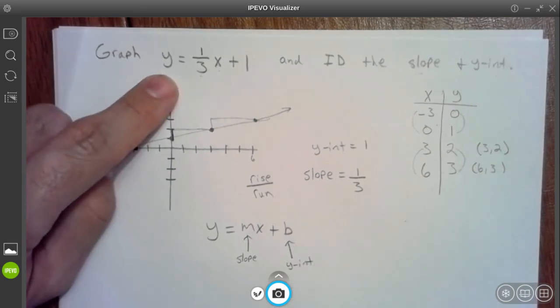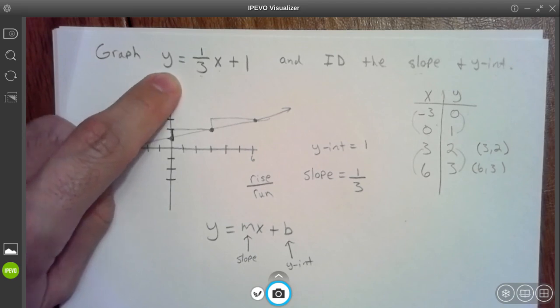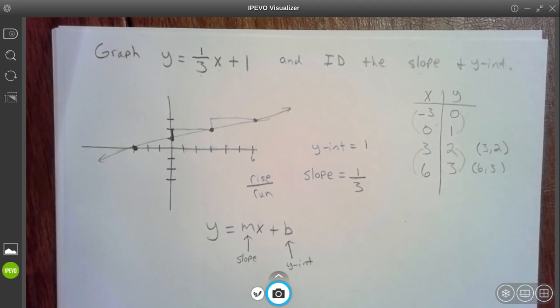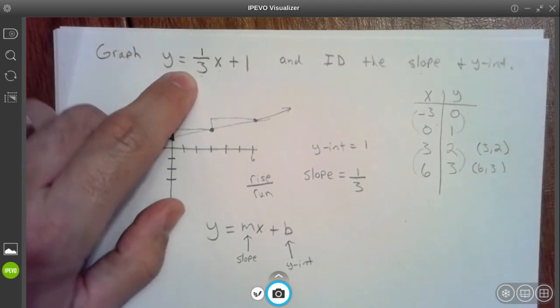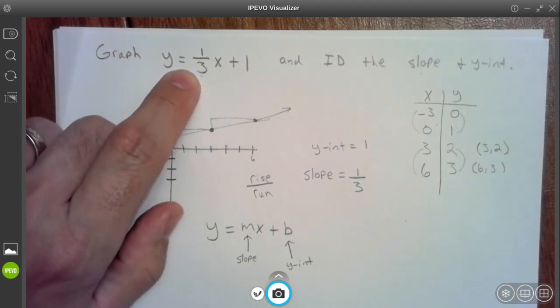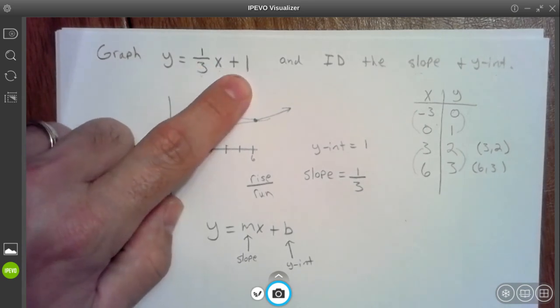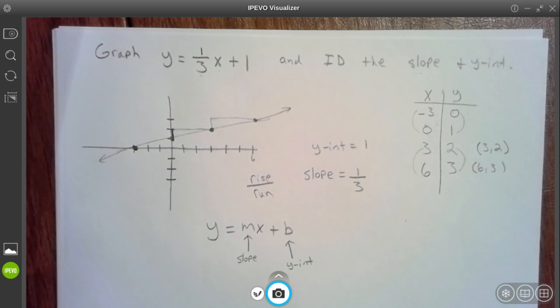Anytime you're given a linear equation in this form, you can count on it: whatever number is attached to the x is your slope, and the number that comes right after it, whether it's a plus or a minus, represents your y-intercept. I think it's good.